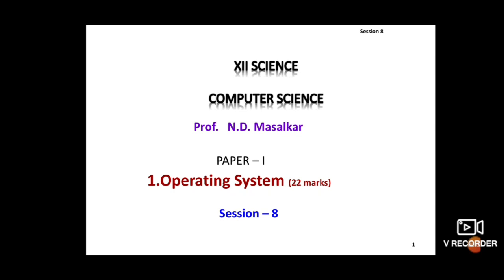We have already started chapter 1, Operating System, in paper 1. We already completed the contiguous real memory management system. In the last session we studied concepts related to memory management.